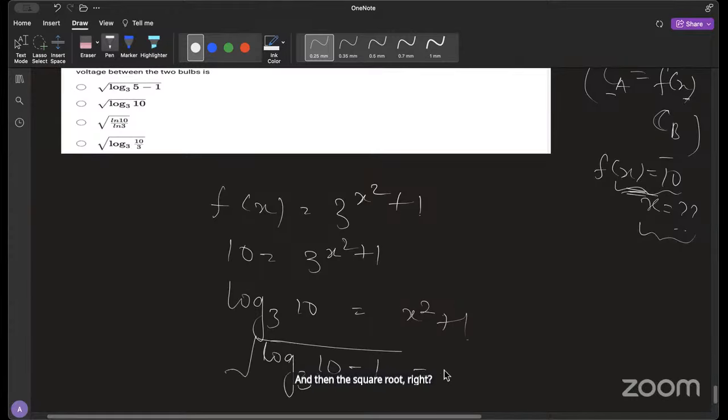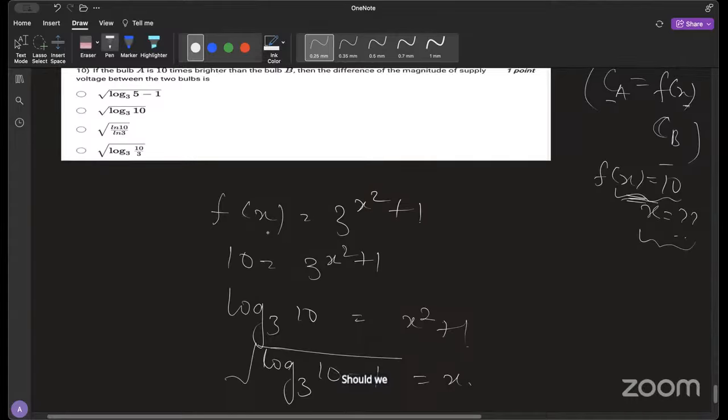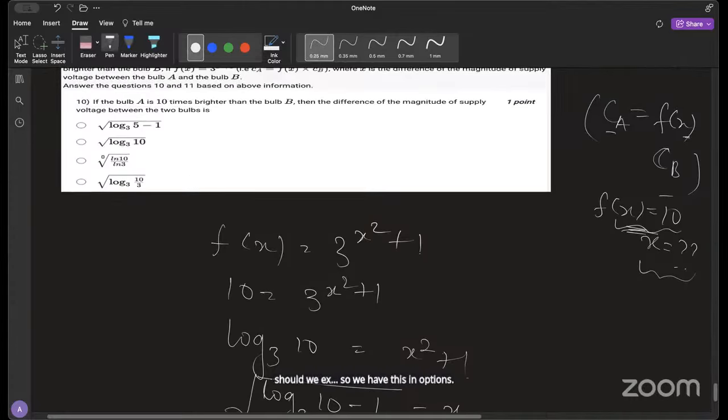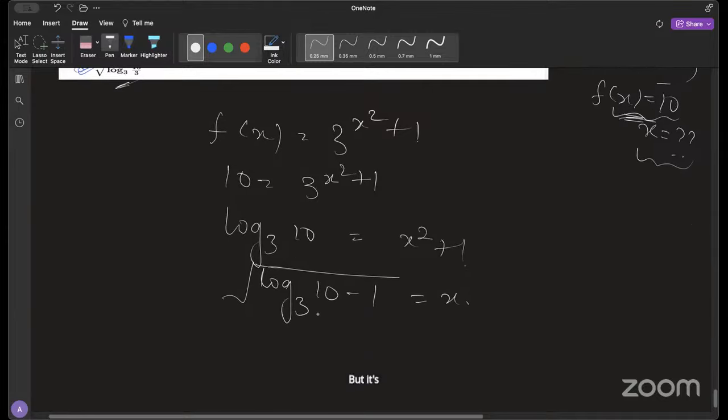Yeah, ma'am. It should be x. Do we have this in the options? Yeah, it's this one, right? This is a different form, but it's the same as this one, right? You can just write 1 as log base 3 of 3.